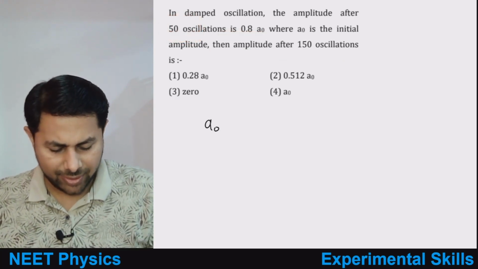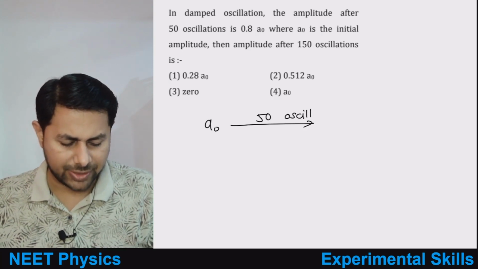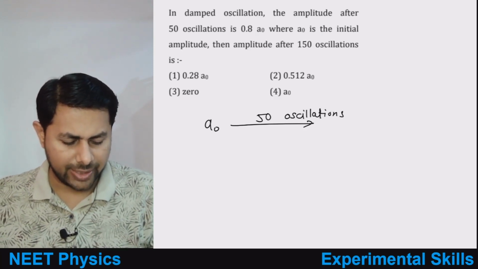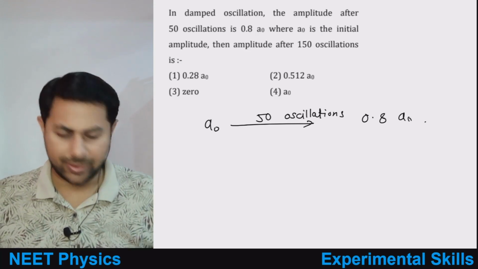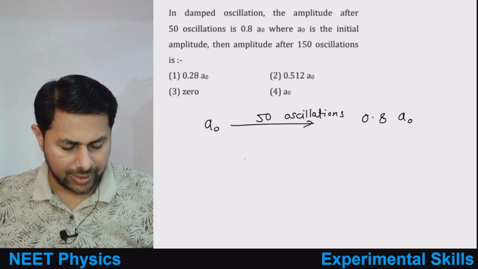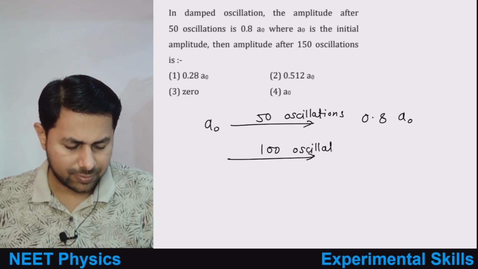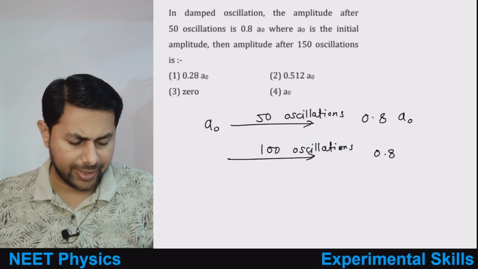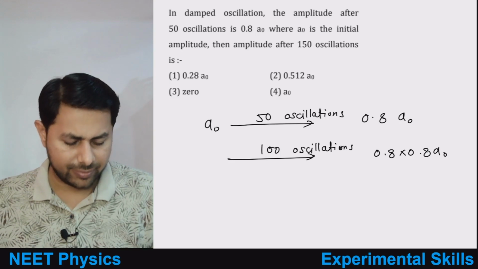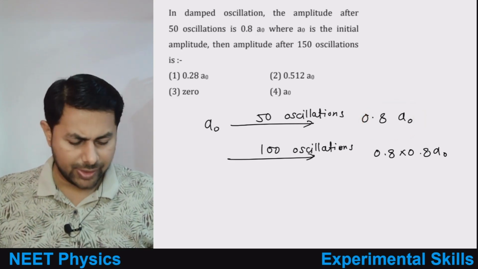So it was A0, and after 50 oscillations, it becomes 0.8 of A0. After 100 oscillations, what will happen? It will become 0.8 of 0.8 A0, 0.8 of this amplitude, right?